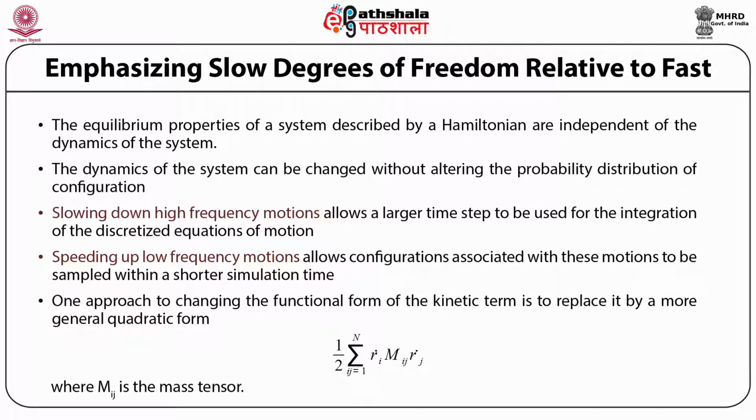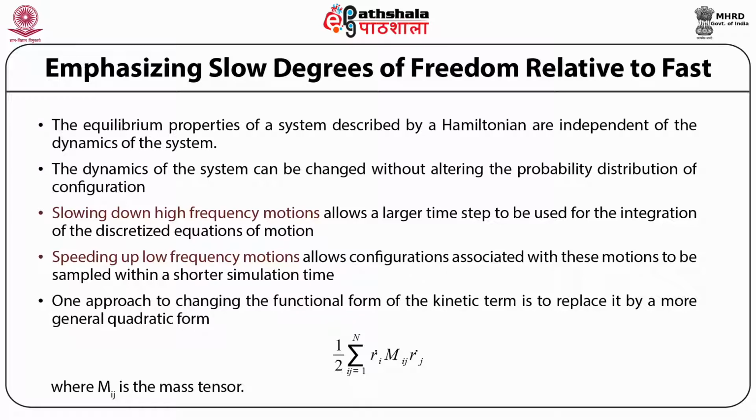One is slow degrees of freedom. This is where the highest frequency motions are related, and those higher frequency motions actually slow down the system.